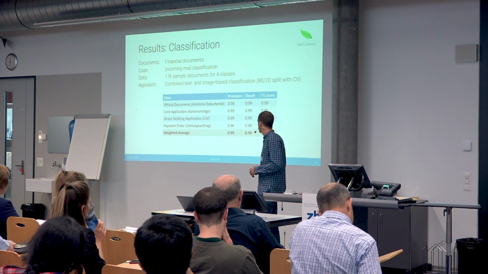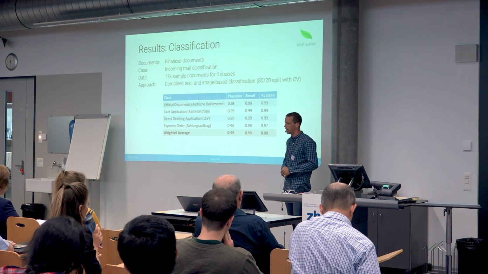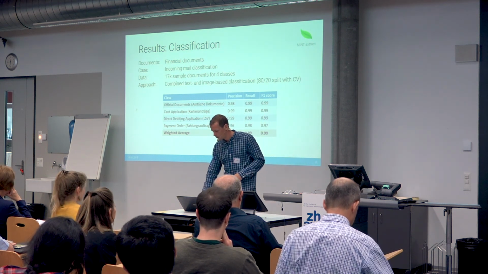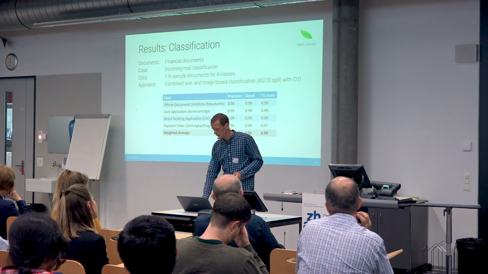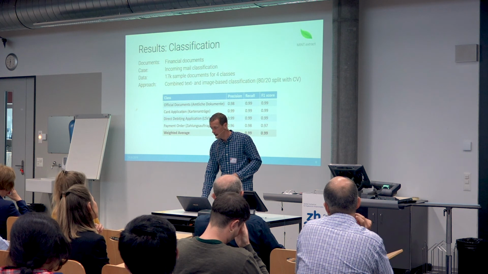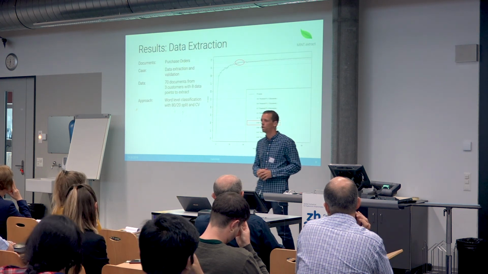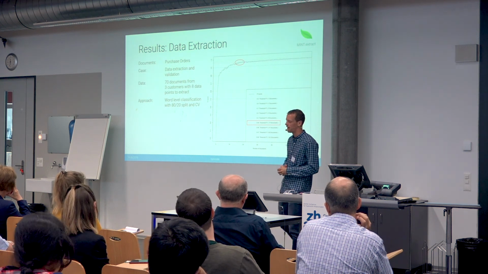So the F1 scores that we achieved here were only a little bit lower for one particular class, being payment orders, and for the others they were very close to 1. And to me this was quite surprising, actually. I expected the F1 scores to end up at 0.9, at least that was the goal that I gave to the research team when we started with the task.